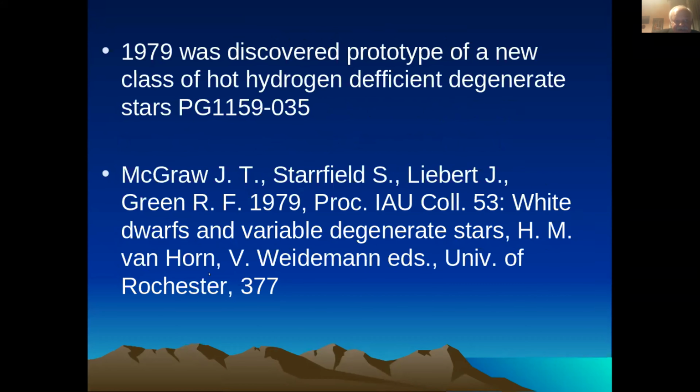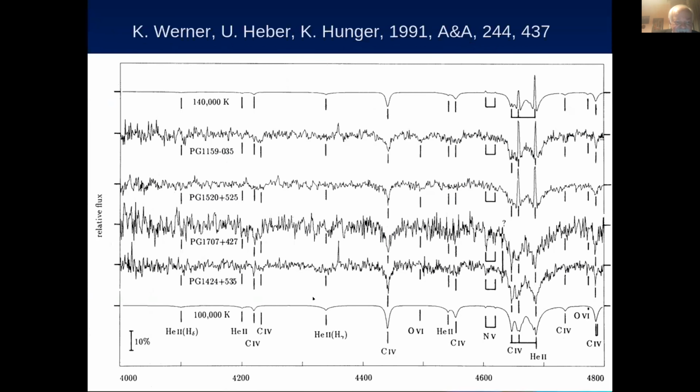In 1979 a prototype of a new class of stars was discovered. These are PG 1159 stars, and they have spectra like these. We see here several spectra with temperatures from 100,000 Kelvin to 140,000 Kelvin.